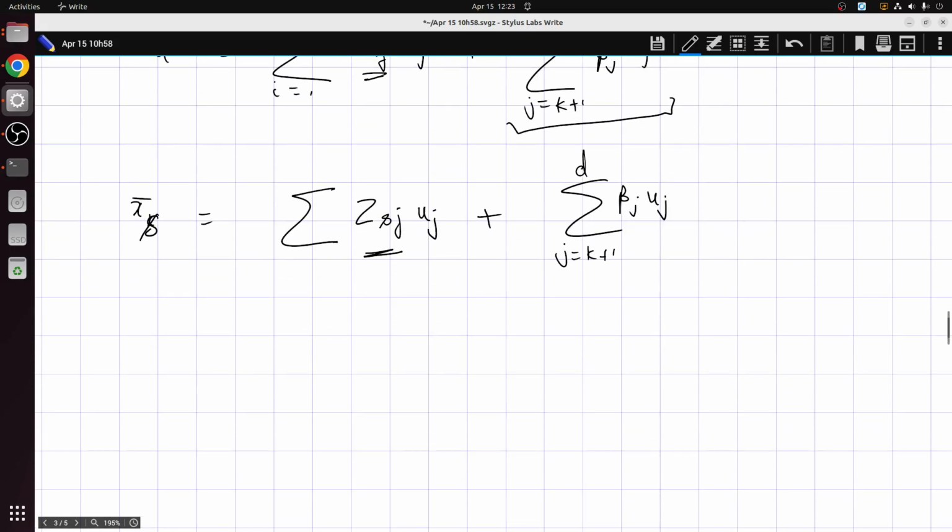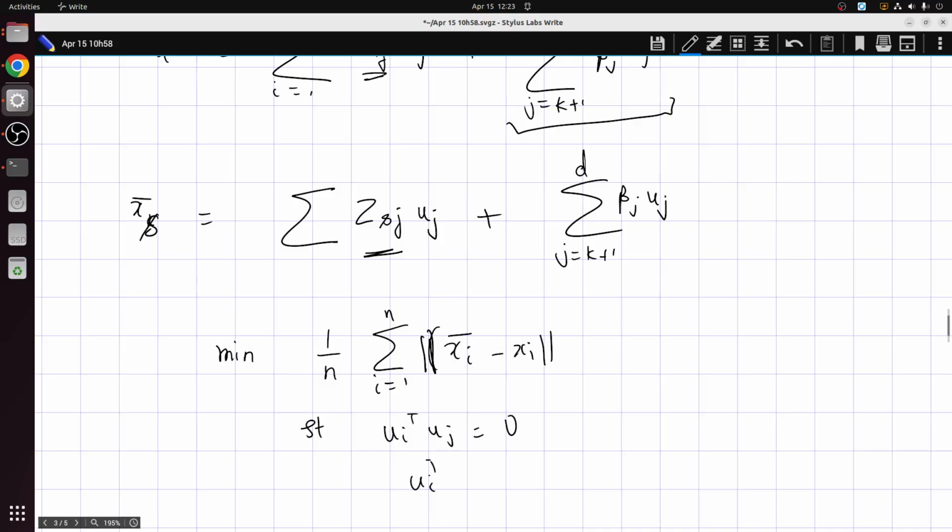So this is an affine representation. Now what we want to do is minimize this error: 1 over n, sum over i going from 1 to n, of the length of xi bar minus xi. We want to minimize this subject to ui transpose uj equal to 0 and ui transpose ui equal to 1, of course for i not equal to j.